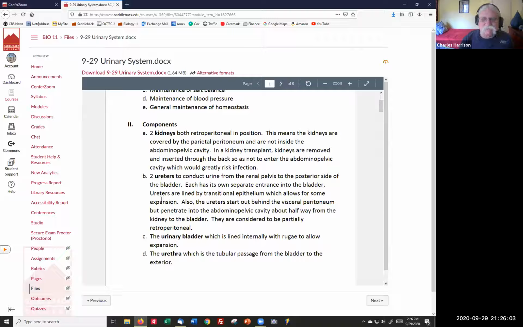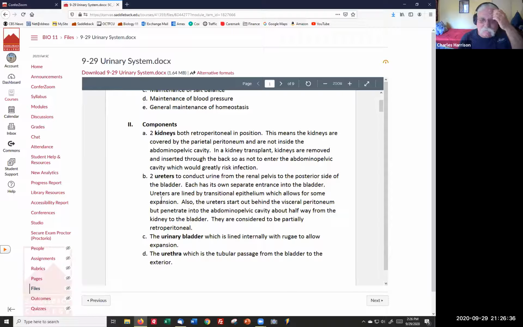So, for instance, if I take some putty and call it a kidney and slap it on the wall of this room that I'm in, and then take saran wrap and coat the entire room, the kidney or putty is behind the saran wrap. The saran wrap represents the parietal peritoneum.